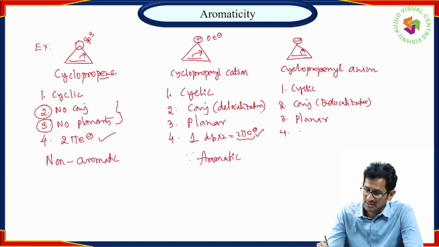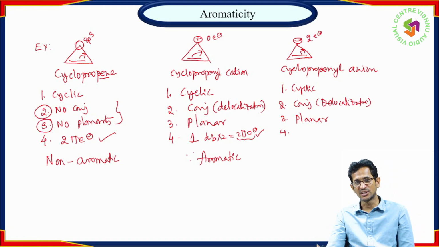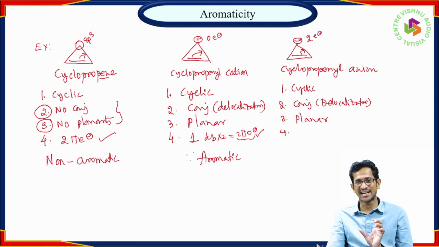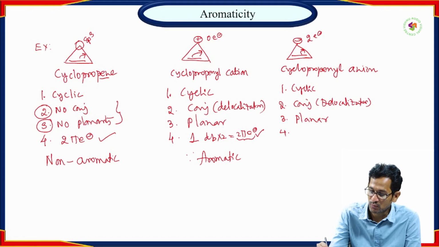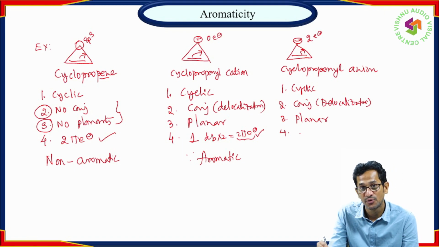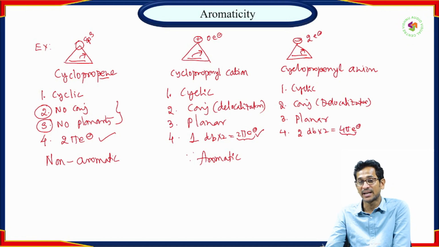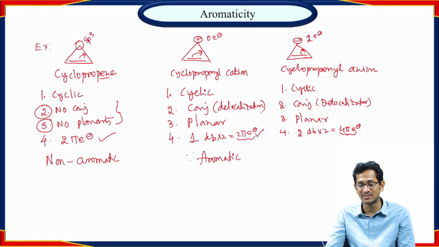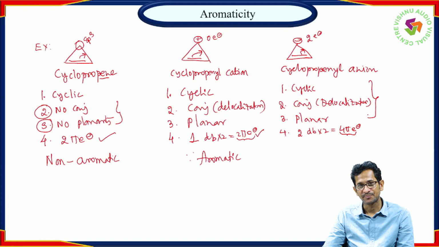So now see, we have to consider the two electrons for the negative charge. An anion has excess electrons and can donate a pair of electrons. Therefore, we have one double bond and the negative charge will also be considered as a double bond. So, two double bonds into two electrons, that is 4 pi electrons. 4 pi electrons is not a Huckel's number, but it is satisfying the first three conditions and it is not obeying the Huckel's number.